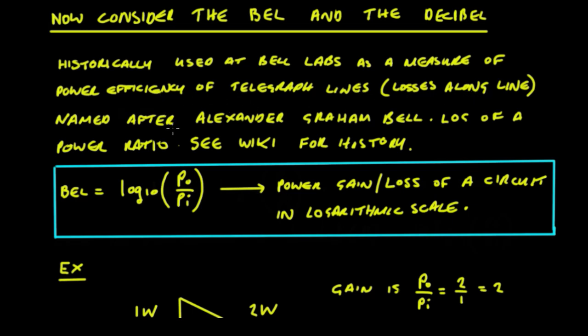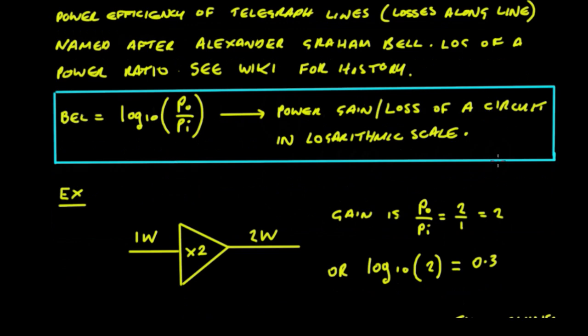Okay, so they're looking at the input power and the output power, so they're looking at the losses along the line. So rather than have the losses along the line in terms of power out upon power in, which is just a number, they do it in terms of a logarithmic scale. Okay, and it was named the Bell after Alexander Graham Bell, seemingly. Okay, so that's the next equation here.